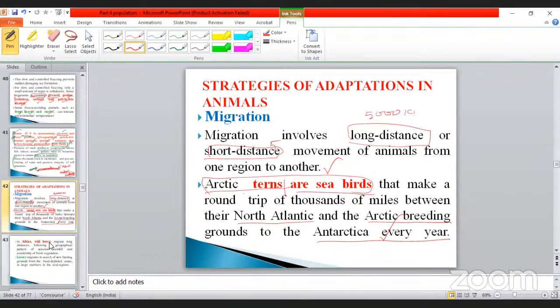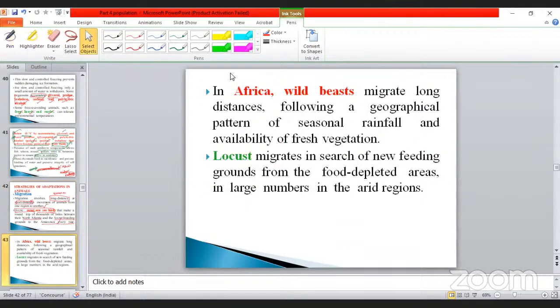My dear, they have given us an example. Another important one has been given. See, this is the important point. The African wildebeest migrate a long distance following a geographical pattern of seasonal rainfall and the availability of fresh vegetation.